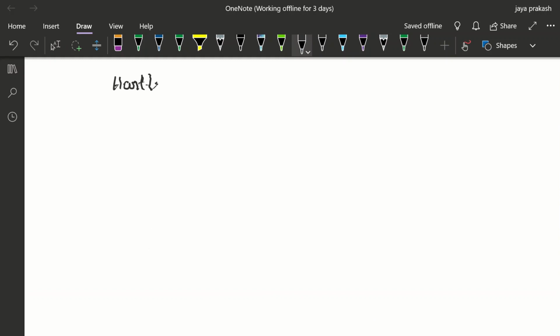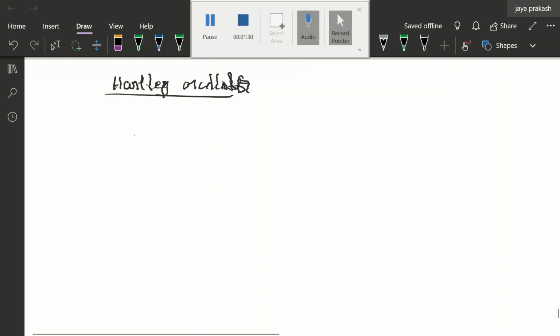Hartley oscillator. The Hartley oscillator is one type of LC oscillator. So we know the block diagram of an LC oscillator.